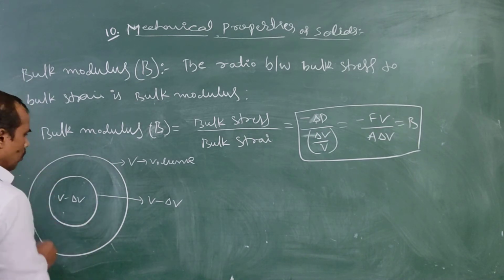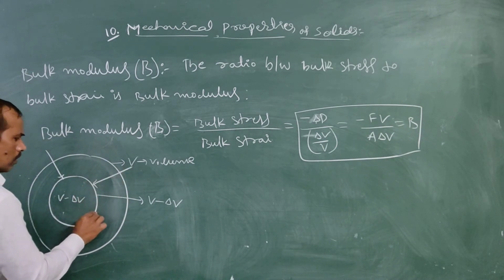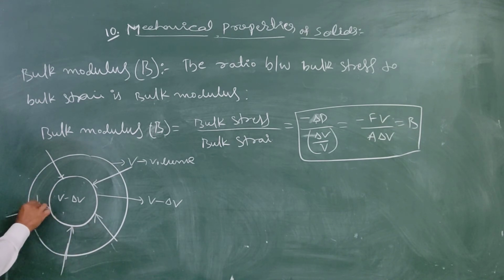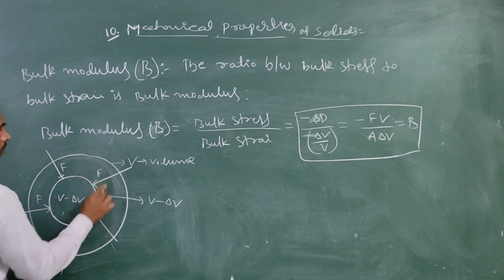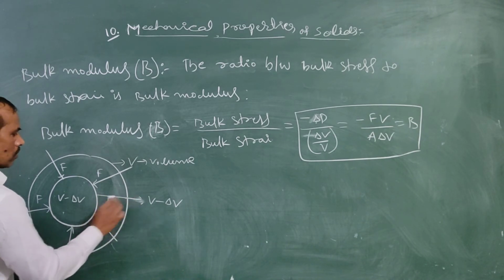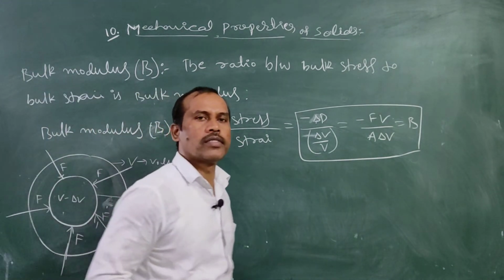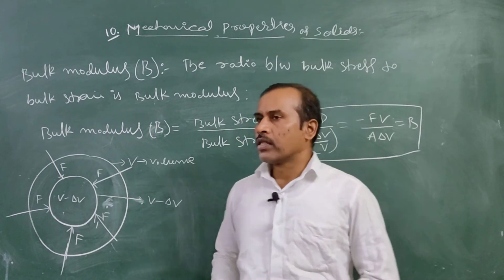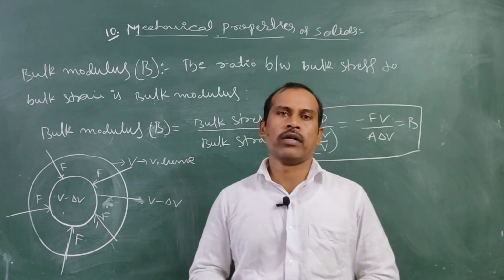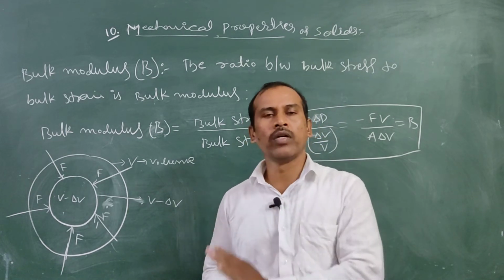Now the force acts perpendicular to the surface of the sphere. How is the force? It is perpendicular to the surface. So bulk stress is the restoring force per unit area, or the normal force acting on the unit area of the body.